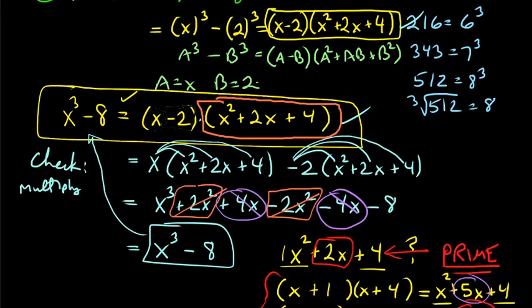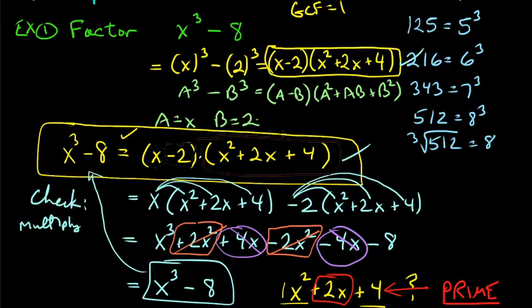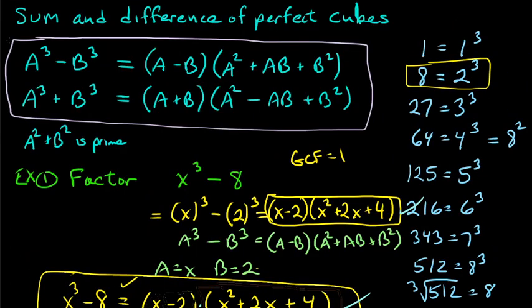Okay, so as it turns out, this trinomial here, the x squared plus 2x plus 4, is prime. And we can tell you that right now, these trinomials here, both of these, are always going to be prime. Again, the caveat is for our purposes.